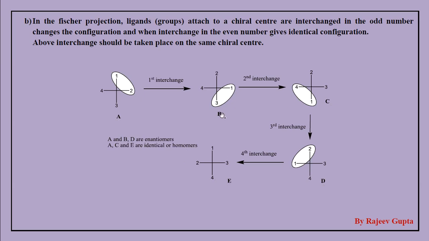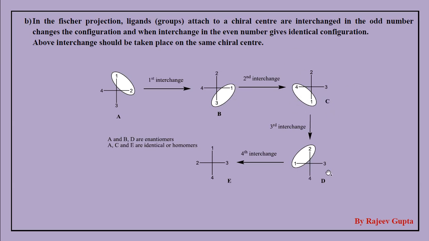Now compare B and C. If we compare B and C, then the conversion from B to C is the first interchange. Suppose this is the first structure, so this is the first conversion, which is an odd number, so B and C are enantiomers.